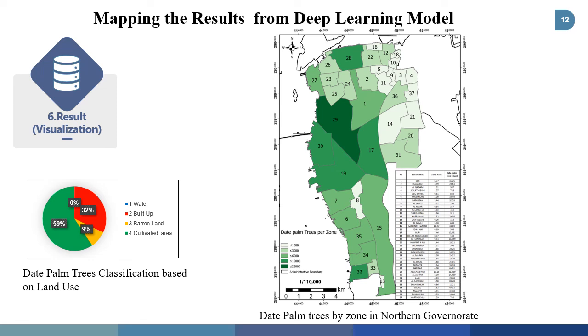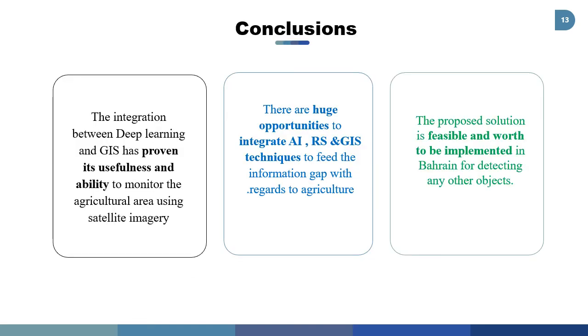We also made a land use land cover classification to add an additional attribute to each date palm tree, to classify what type of land use this palm tree is located on. For example, is this palm tree located on barren land, built-up area, or cultivated area.